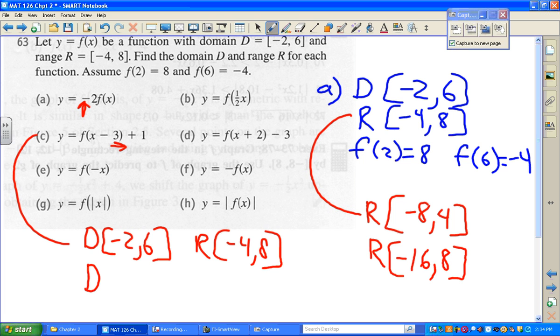So my new domain would be 1 to 9, correct? And then what would be my range? The range is going to move everything up 1. So the range is going to be from -3 to 9. Nice.